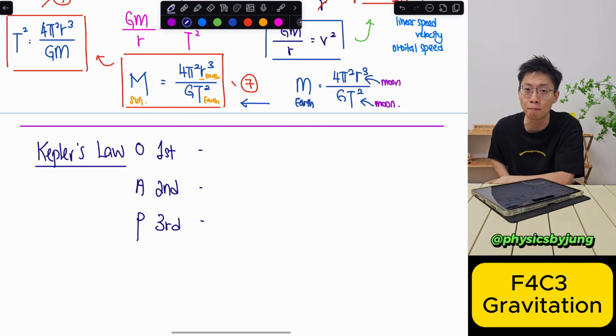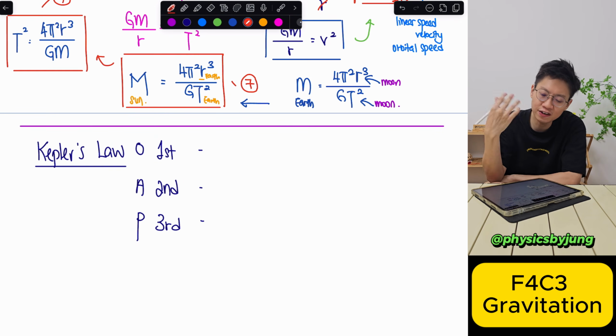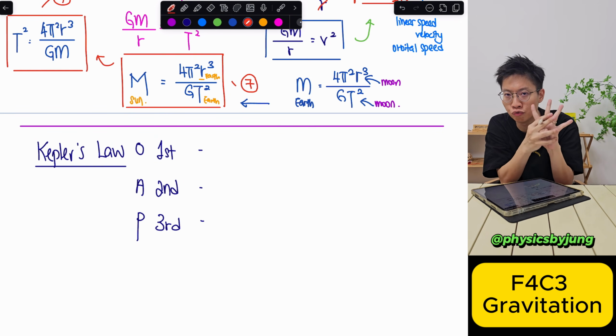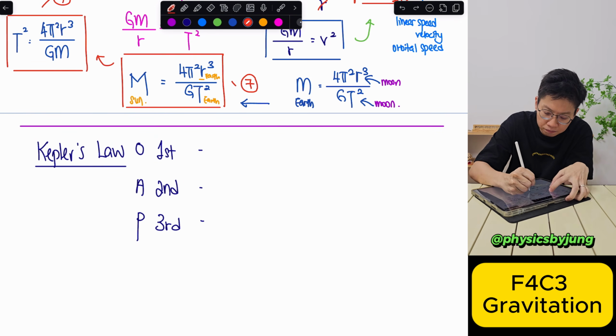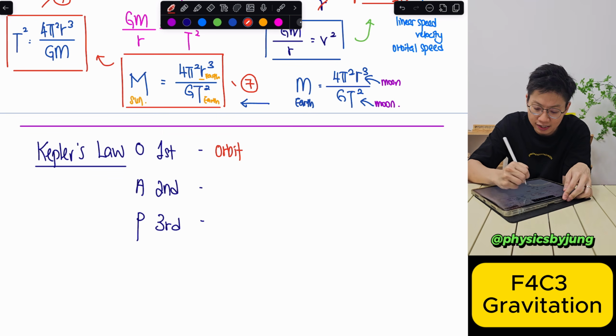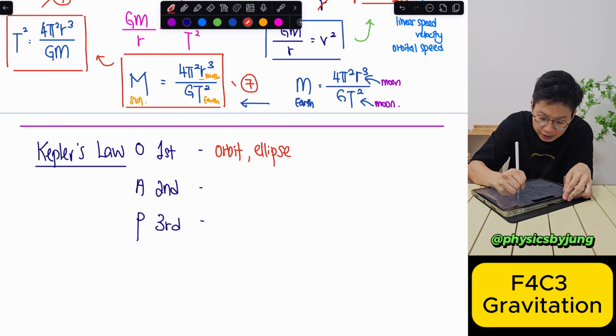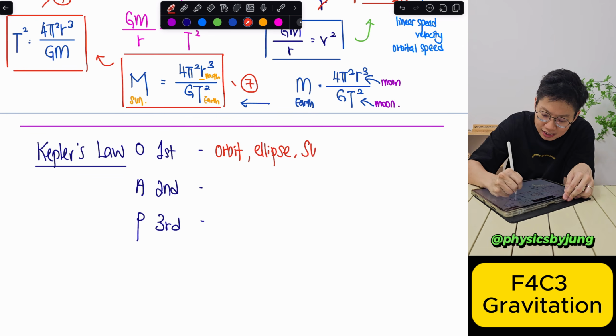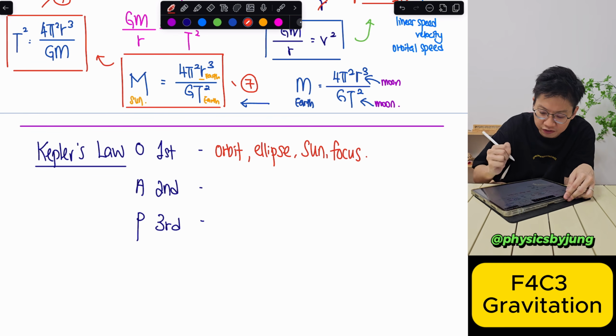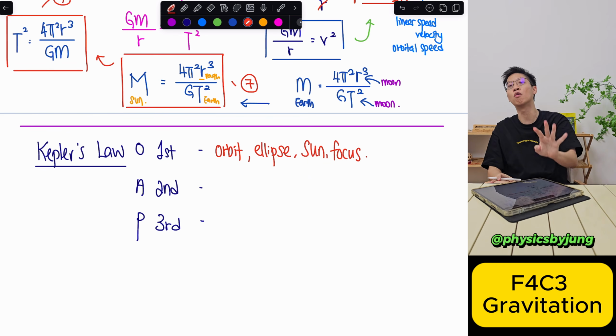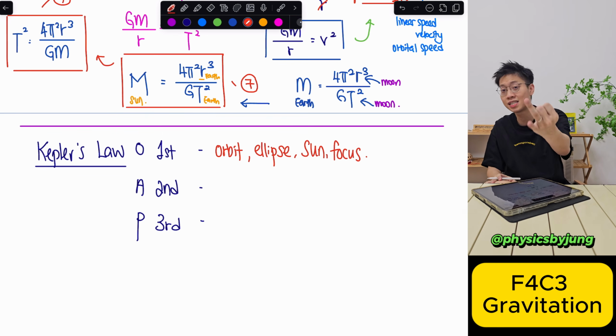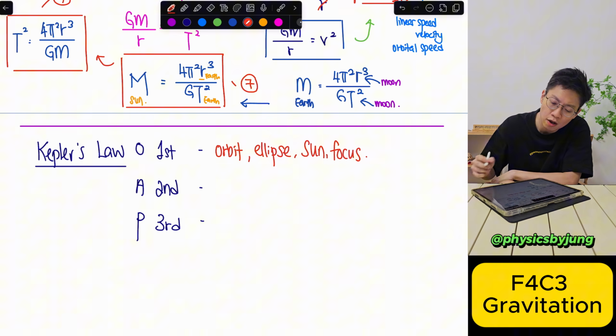So OAP. Now, for the first law, there are 4 words that I want you to remember. You need to know the orbit of your planets are all ellipse in shape, whereby the sun is at one of its focus. So we have a total of 4 words: orbit, ellipse, sun at the focus.